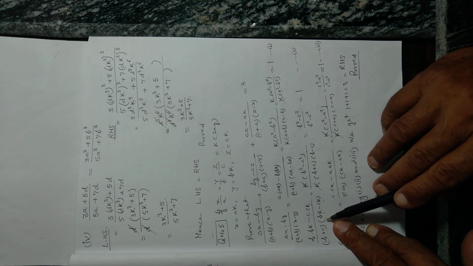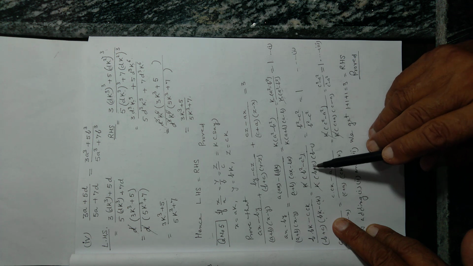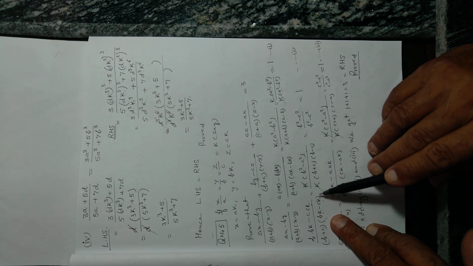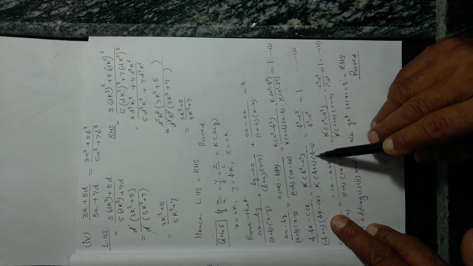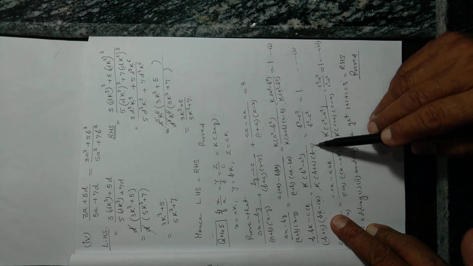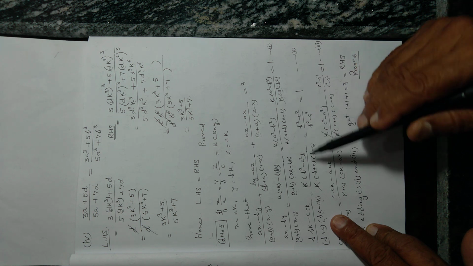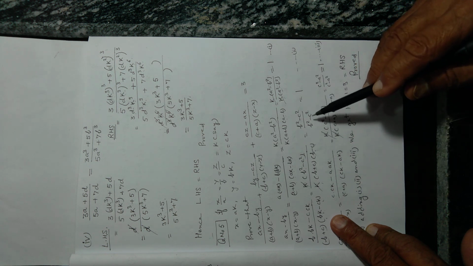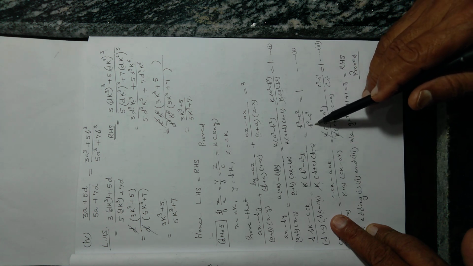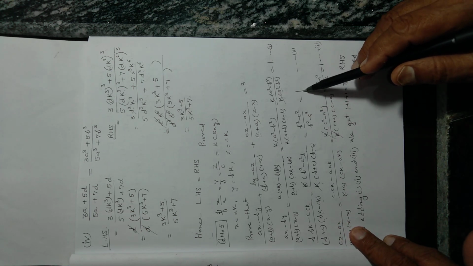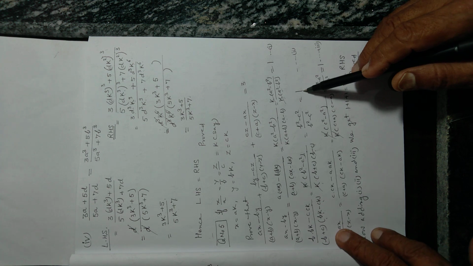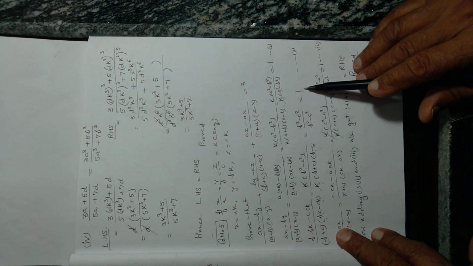Similarly, in the denominator, if you take out k common, you will be left with b minus c and b plus c. After multiplying b plus c and b minus c, we will get b square minus c square. k and k will be cancelled. So again b square minus c square, b square minus c square, both will be cancelled, and again its solution will be 1. Means the solution of the second part is also 1.